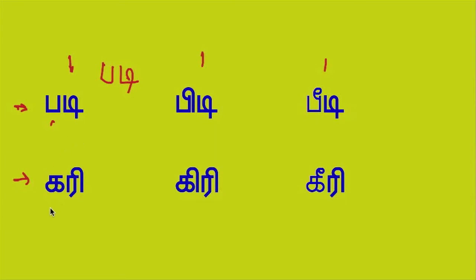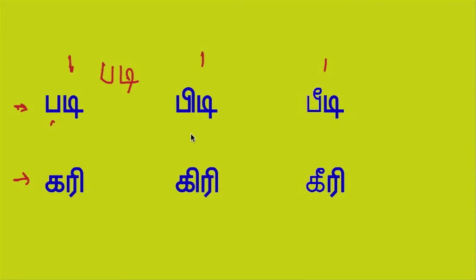All right, second row, kari, kiri, kiri. Now let's read the columns. Padi, kari, pidi, kiri.